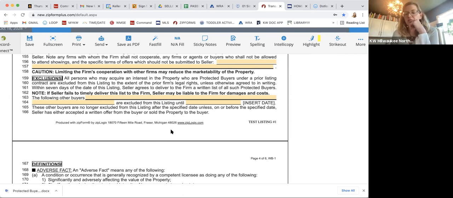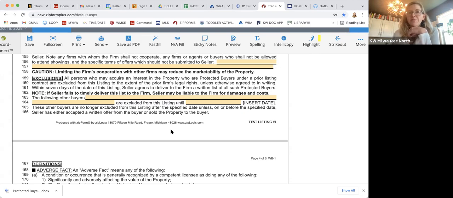More common though is if the home was listed prior to our firm entering into a listing agreement with the owner. Any buyer or potential buyer who viewed the home during the time that it was listed prior to our listing agreement becomes a protected buyer. So those protected buyers are typically protected for 12 months from the time that it expired.